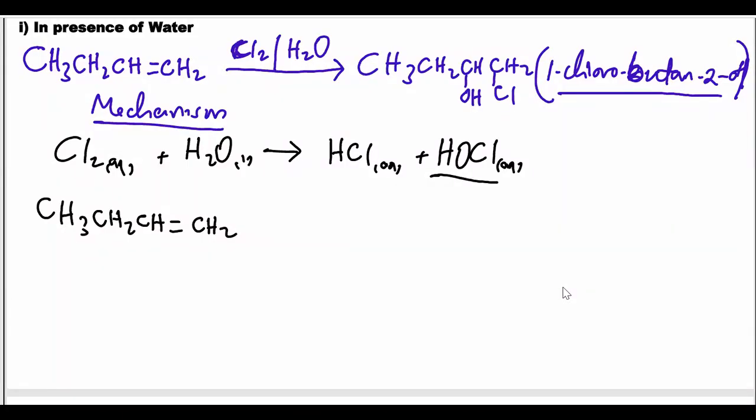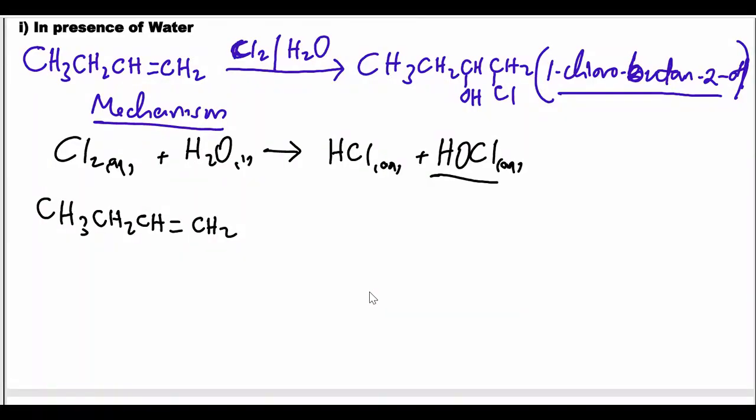Now, when they become polarized, which one becomes partially positive and which becomes partially negative between OH and Cl? Cl becomes partially negative and OH partially positive.